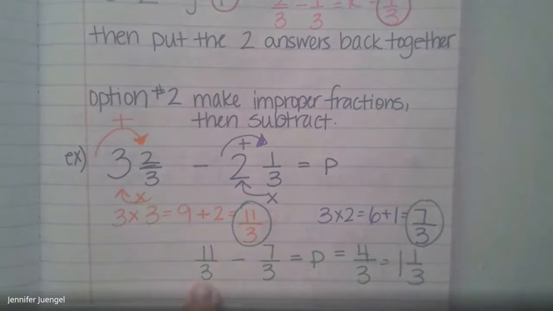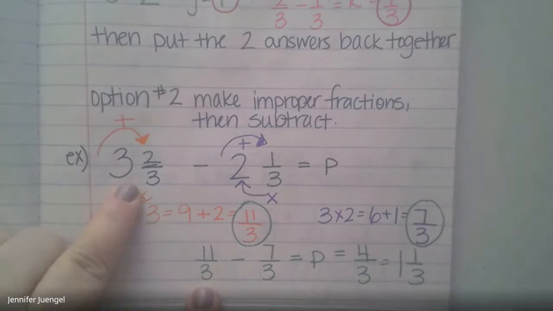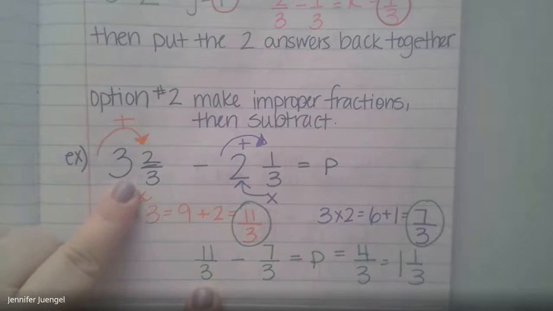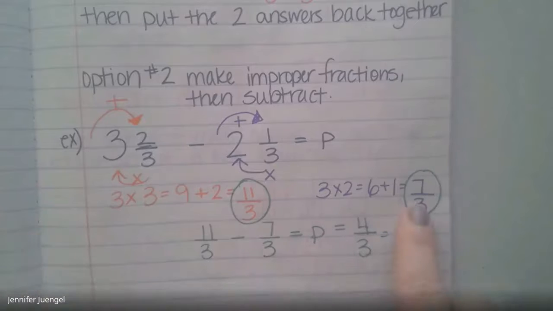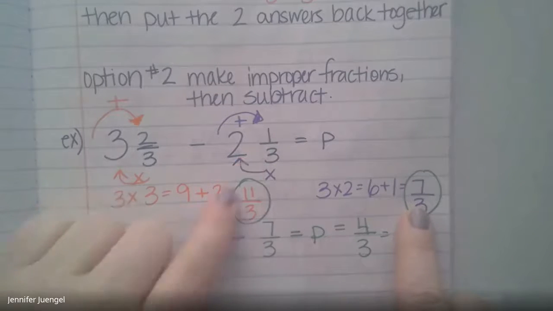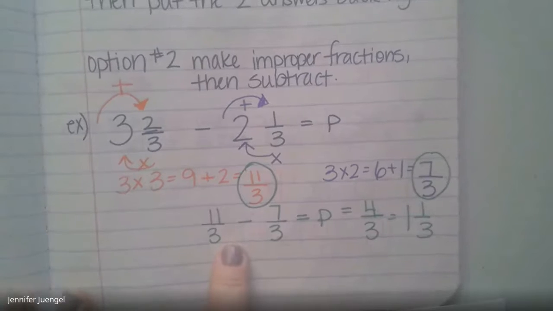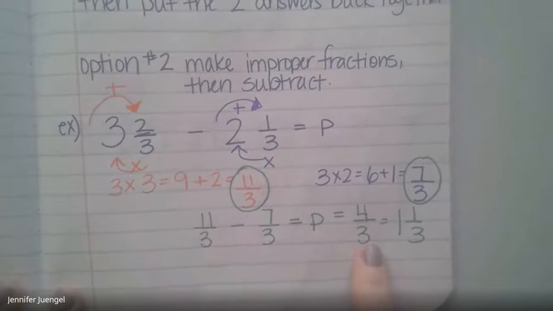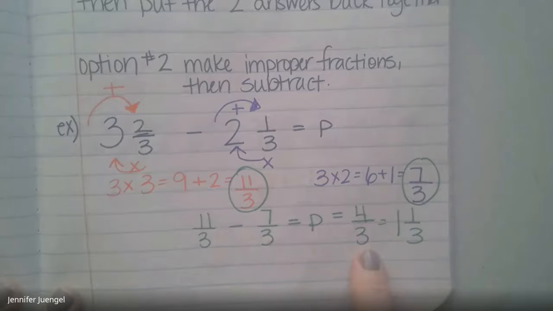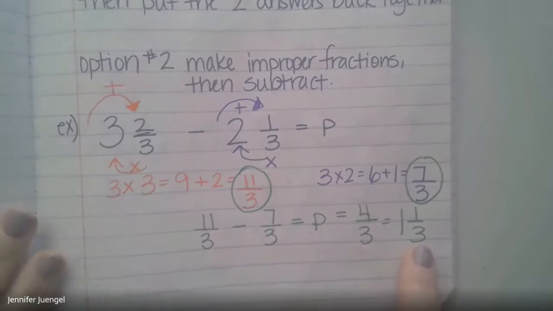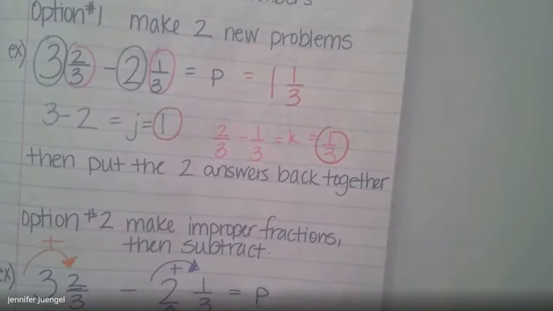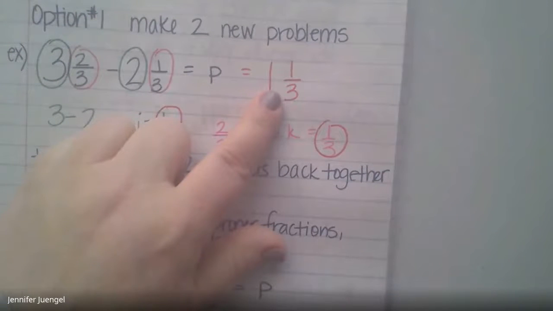We take 11/3, which is the same thing as 3 2/3, minus 7/3, which is the same thing as 2 1/3, and subtract them. When we do the subtraction, we get 4/3, and 4/3 can be reduced to 1 1/3. So our two answers, 1 1/3 and 1 1/3, are the same.